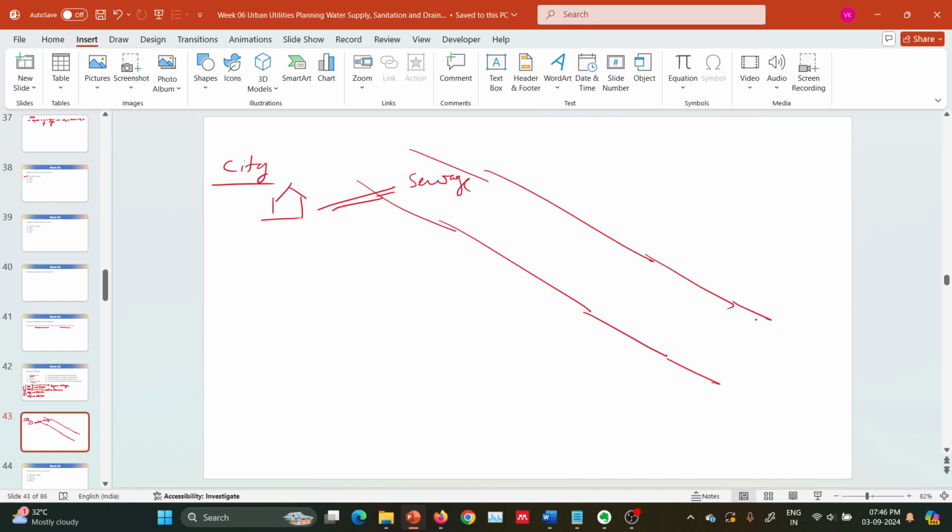After the treatment, you will get nitrate. If you get ammonia here in between, NH3, it means it is partly decomposed. If you get nitrite here, NO2, it means decomposition has started.